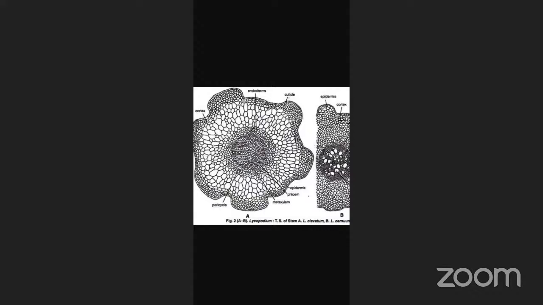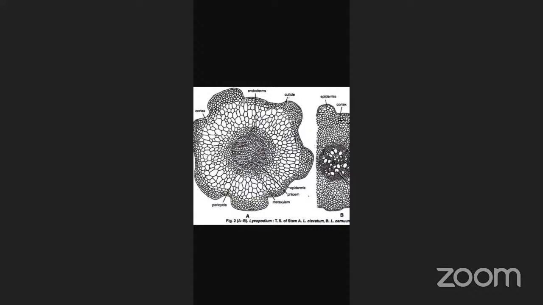The cortex has an inner cortex and an outer cortex. Below the epidermis, one layer of hypodermis is also present. The lowermost layer of the cortex is the endodermis, a single layer.